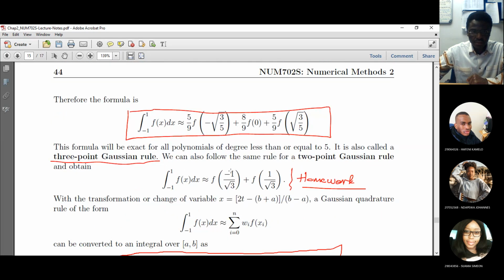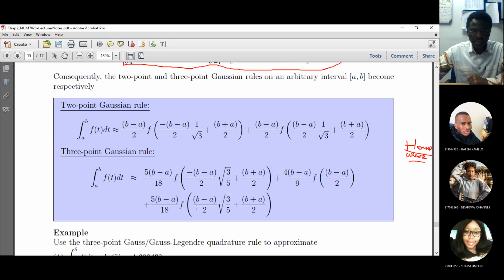Apply it to these two rules, this one and this one. And make sure that this is what you get for an arbitrary interval a, b. Instead of -1, 1, for an interval a, b, it should be in terms of a and b. So you should get this.